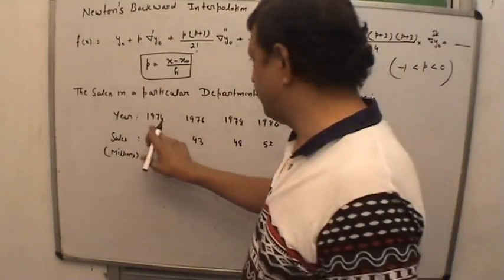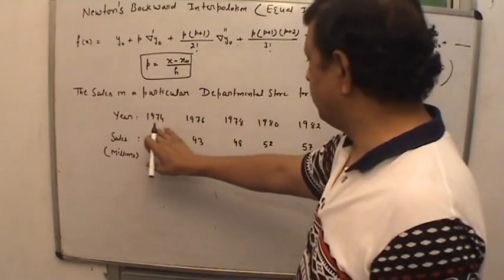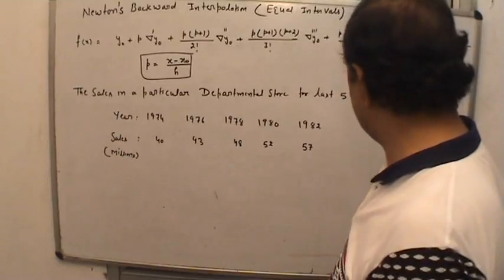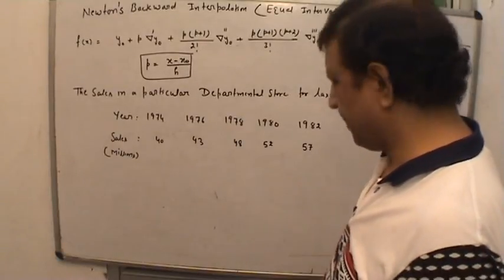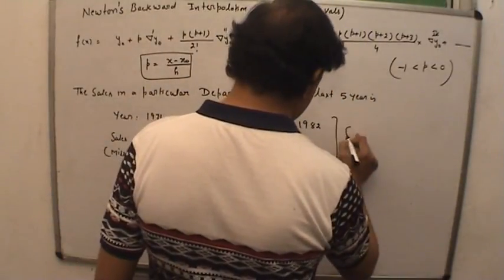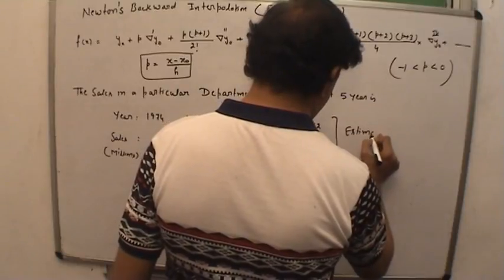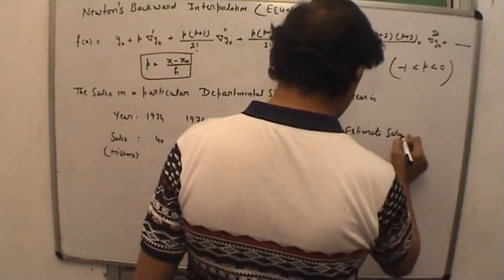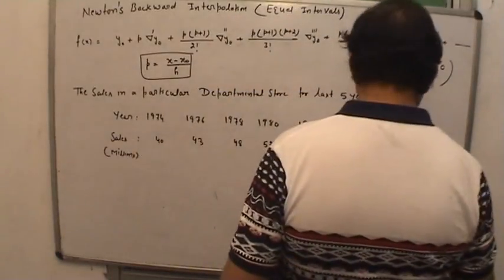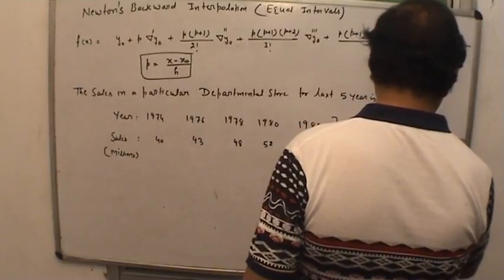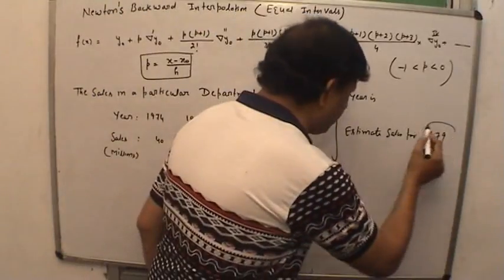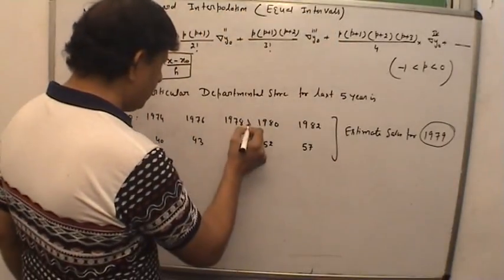In both cases the interval is the same, but suppose we have to estimate the sales for 1979. If we see where 1979 is, it is somewhere here.